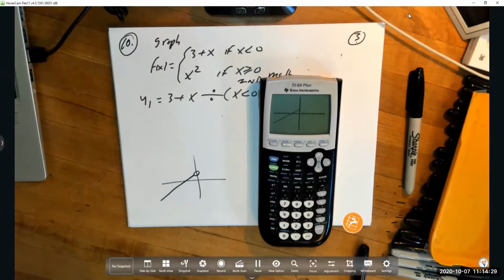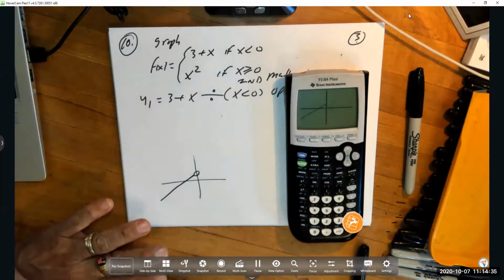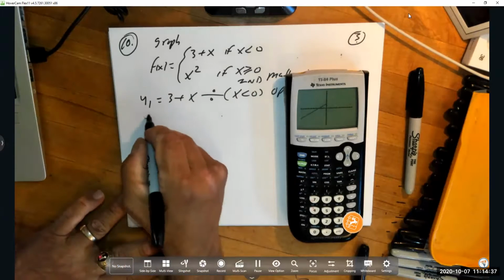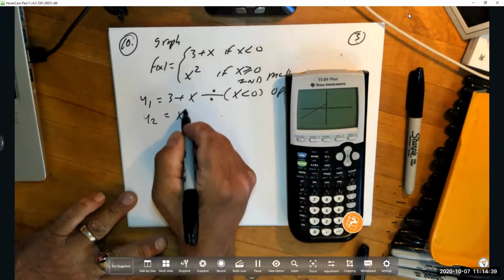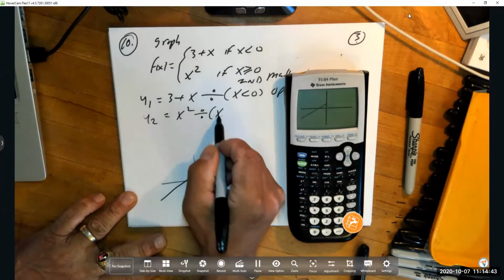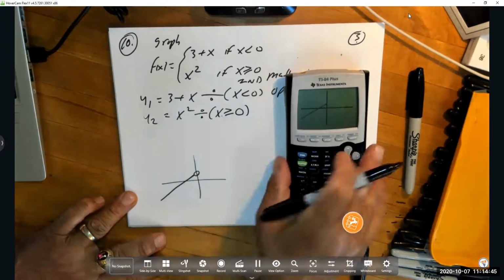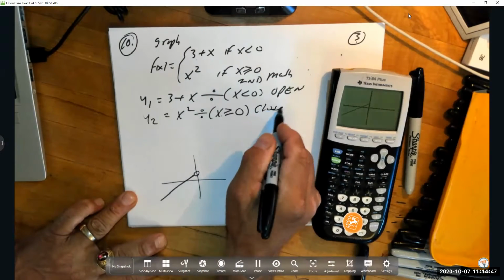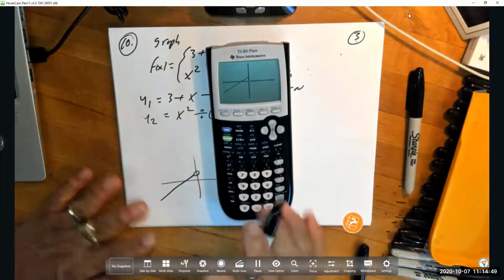Are you on calculators? Yes or no? Tell me yes or no. Yes. Okay, Y2 is going to be x squared, and you can put division symbol, x is bigger than or equal to 0. It's going to be closed. Okay, I'm going to do that on my calculator. Ready?